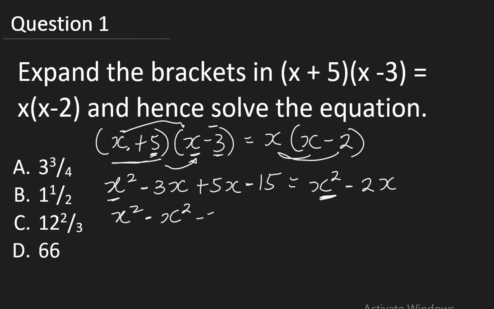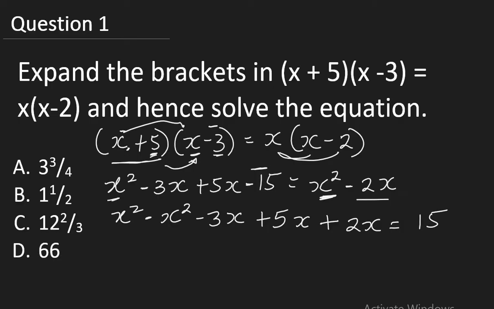So we have minus 3x plus 5x. Now we need to move minus 2x to the left hand side as well. As it crosses the equal to sign, the negative will go, so we have plus 2x. Then we move minus 15 to the right hand side, and it becomes a positive value.